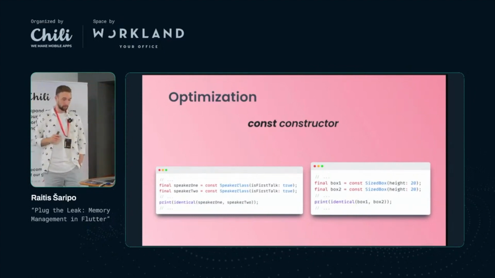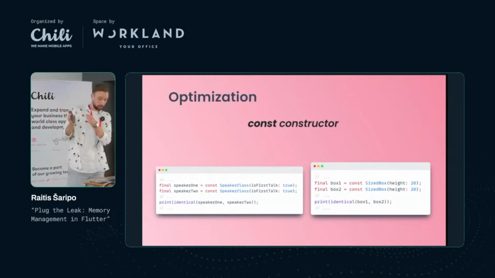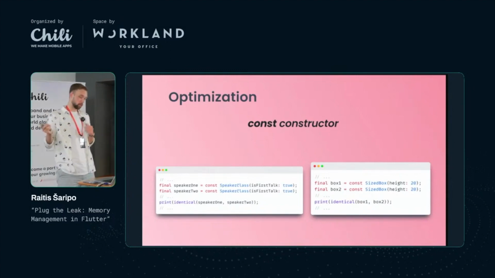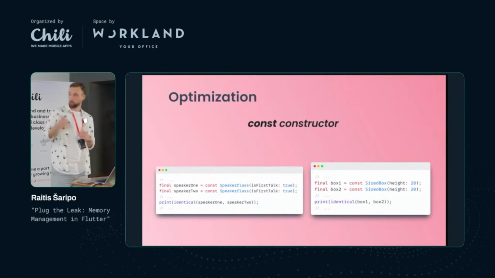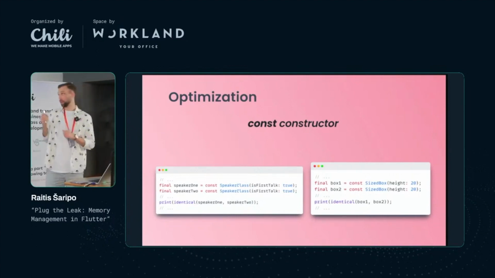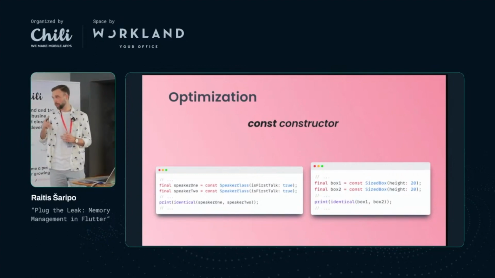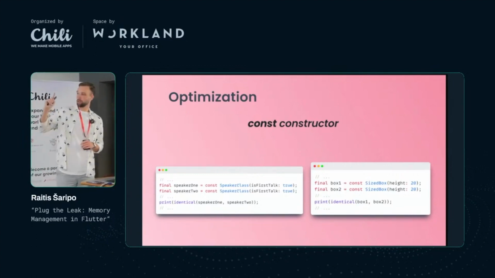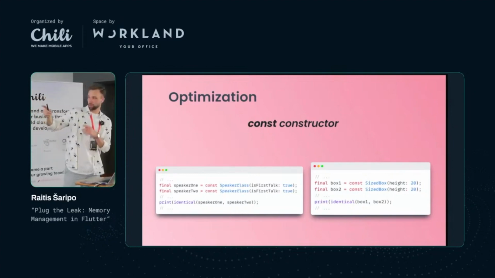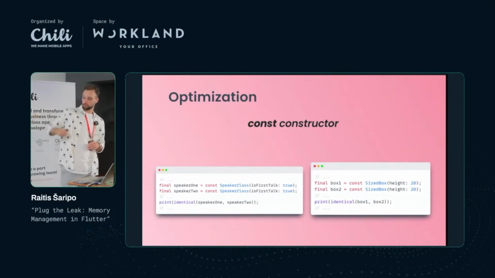Okay, so you have two examples in front of you. The left one, to your left, pure Dart, and on the right, your right again, with Flutter widgets. So I want you to raise your hand if you think in the first case, on the left side, it will print out true.